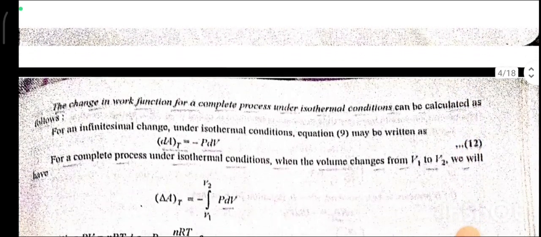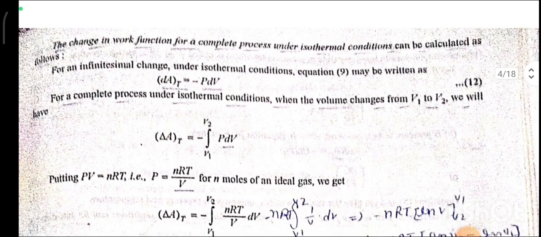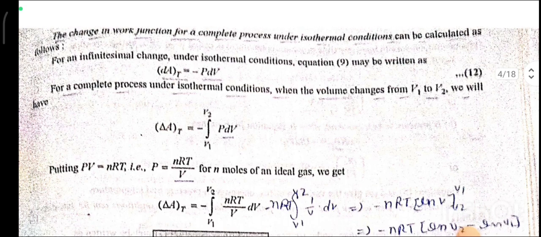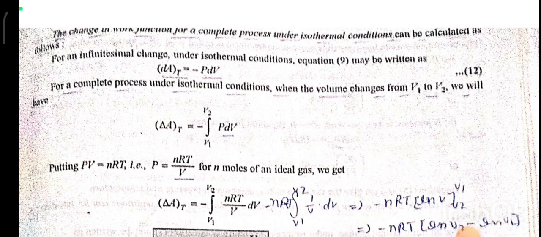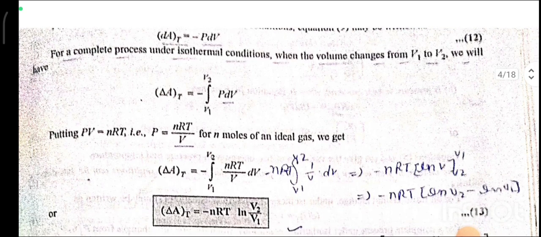The change in the work function for a complete process under isothermal condition can be calculated as follows. For an infinitesimal change under isothermal condition, equation 9 may be written as dA at constant T is equal to minus P dV. For a complete process under isothermal condition, when the volume changes from V1 to V2, we will have delta A at constant T is equal to minus integration from V1 to V2 of P dV.